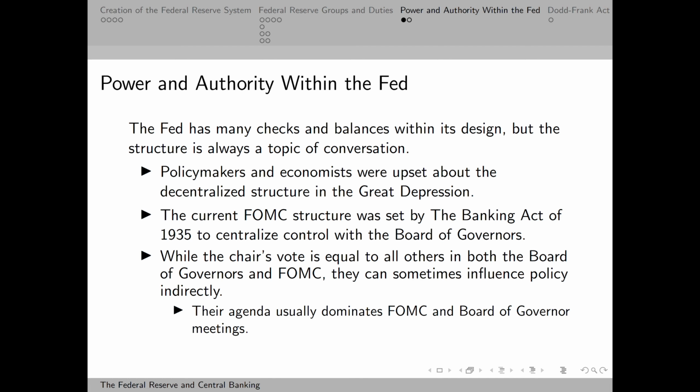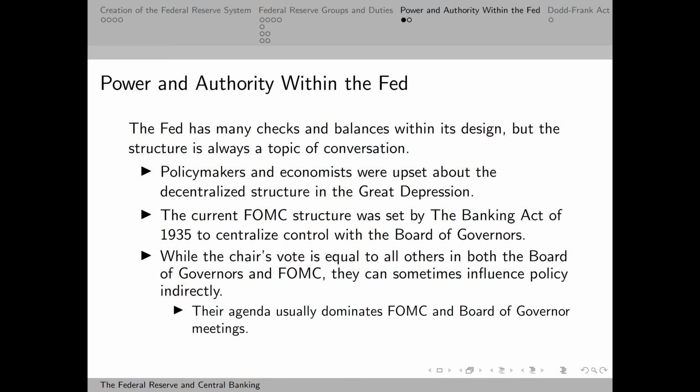Policymakers and economists were actually really upset about the decentralized structure in the Great Depression. It was widely considered that the inaction of the Federal Reserve, especially at the beginning of the Great Depression, while the bank runs were happening, is part of the reason why the Great Depression was so bad.